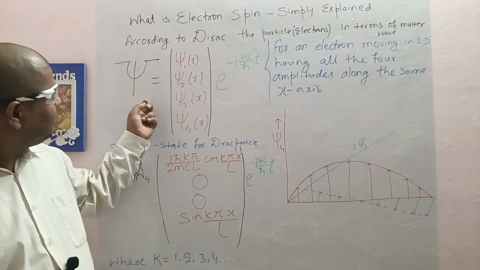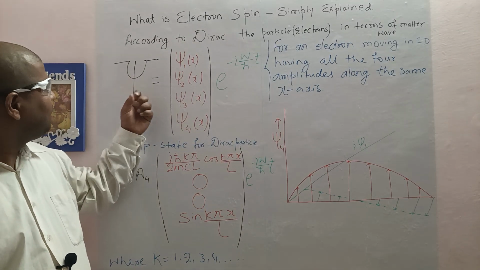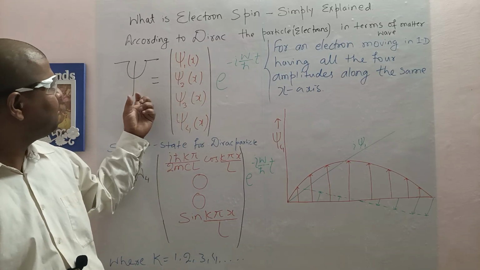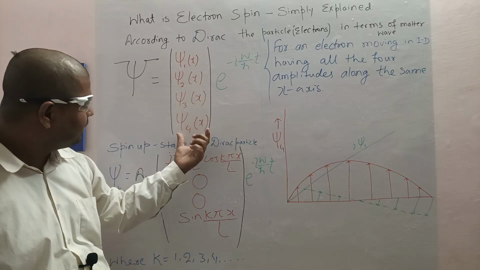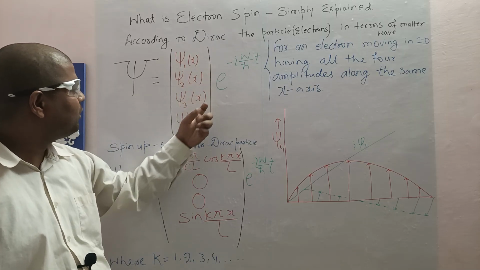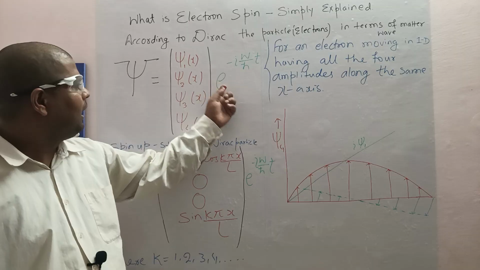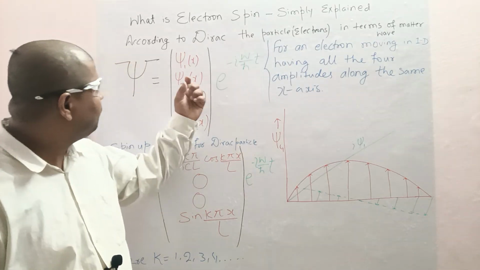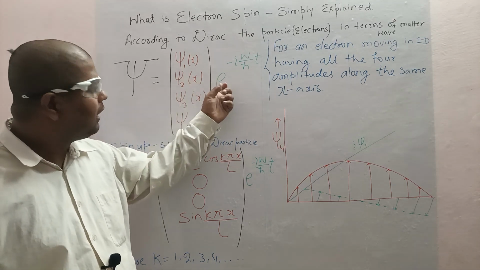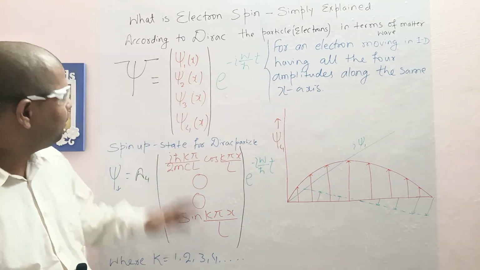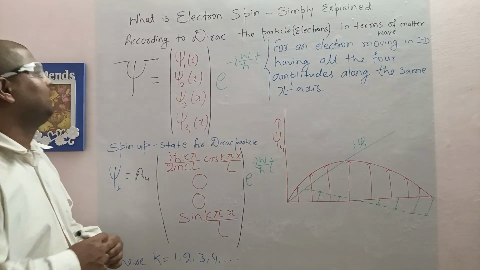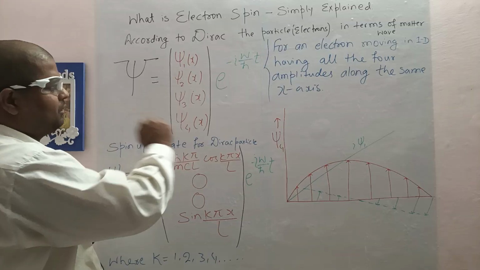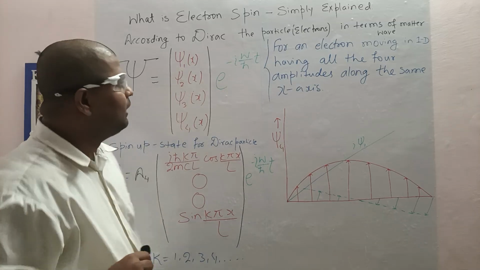Look, Dirac took the value of this matter wave as this. The matter wave of a Dirac particle is like this. It has 4 components of amplitude and 1 time component. In the Schrodinger equation, there is 1 amplitude component and another time component. But in the Dirac matter wave function, there are 4 components of amplitude and 1 time function.